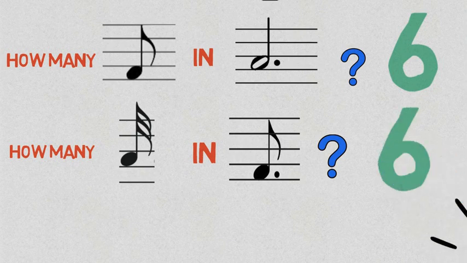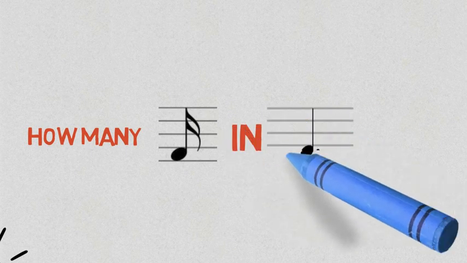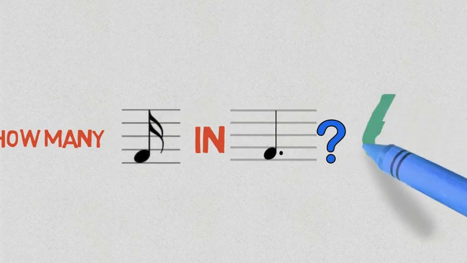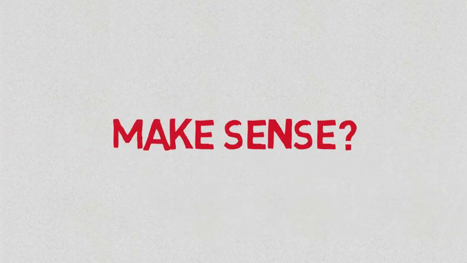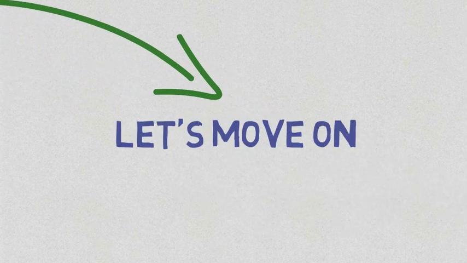The answer again is 6. How many semiquavers are in a dotted crotchet? Once again, the answer is 6. Does this make sense? If so, great. Let's move on.